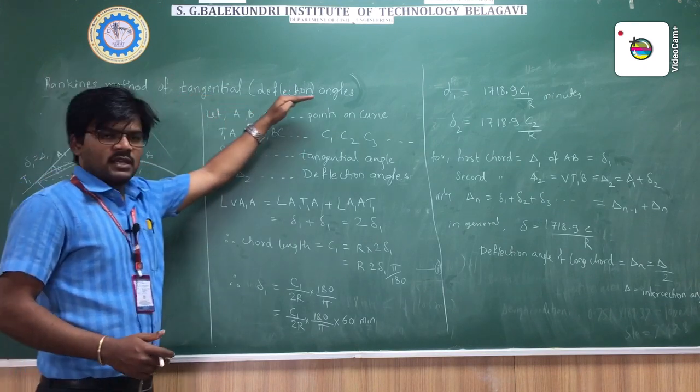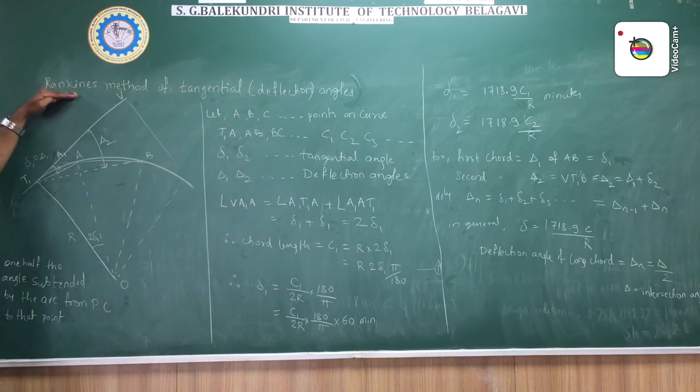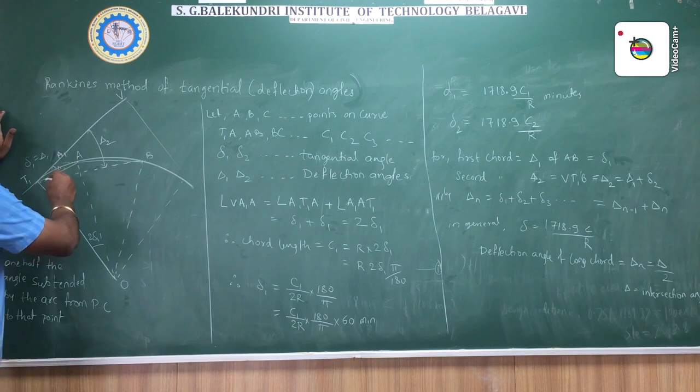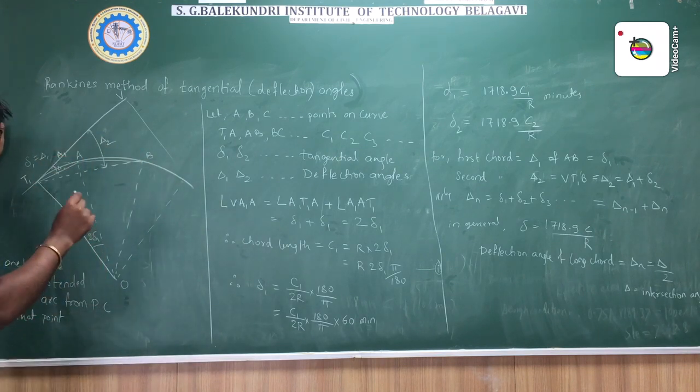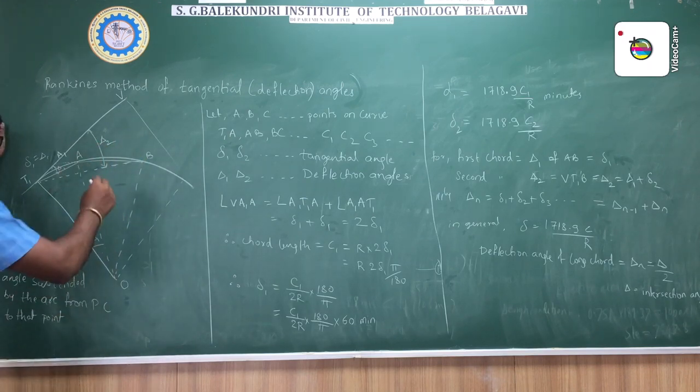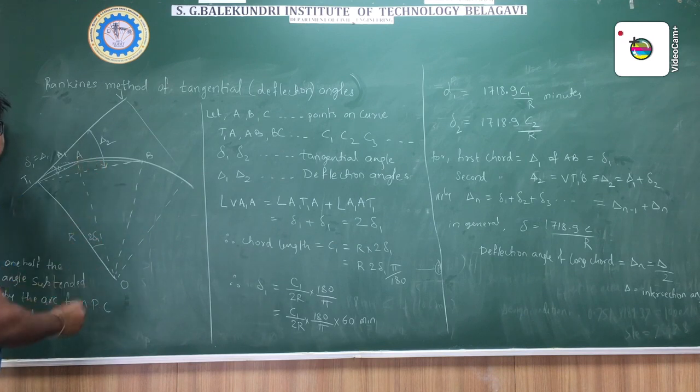Firstly, Rankine's method is based on the principle that the deflection angle at any point on the curve is measured by 1/2 the angle subtended by the arc from the point of curvature to that point.